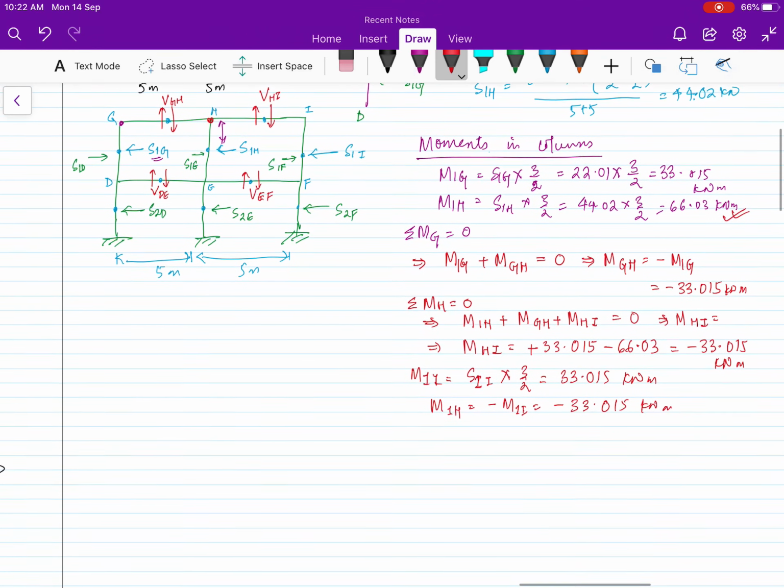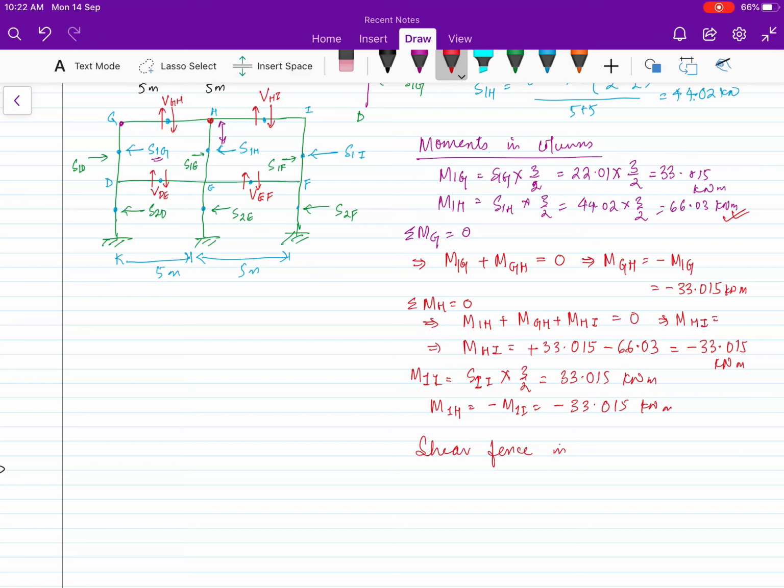Now coming to the shear force in the column. First we have to calculate, because for the column we have calculated the shear force, now the shear force in the beam.